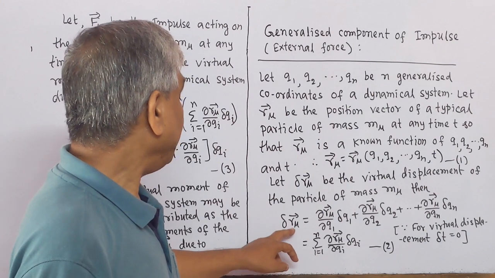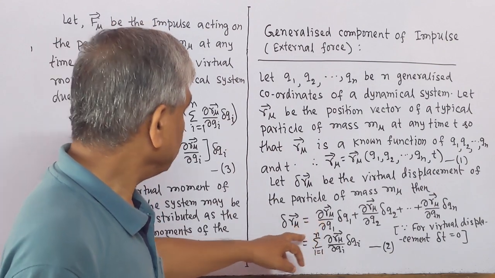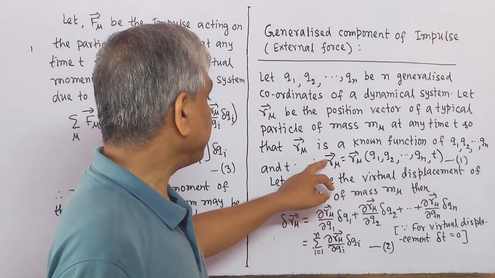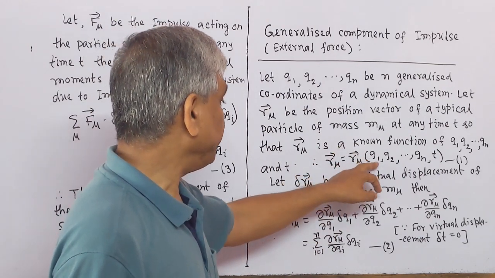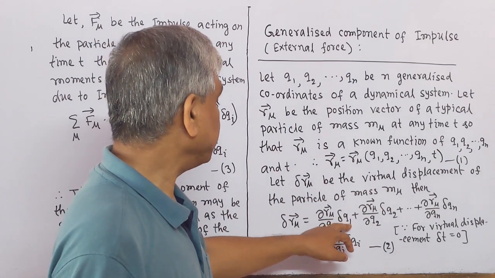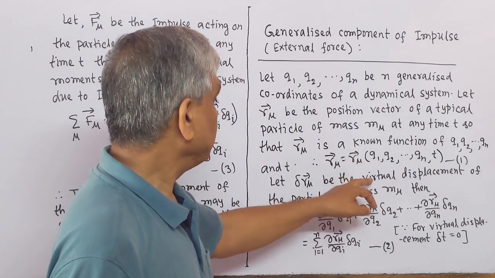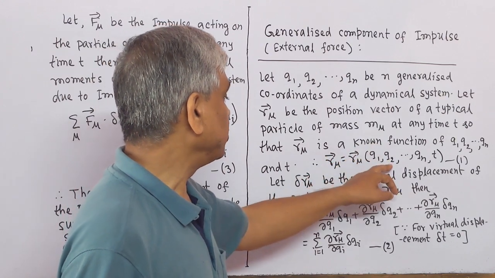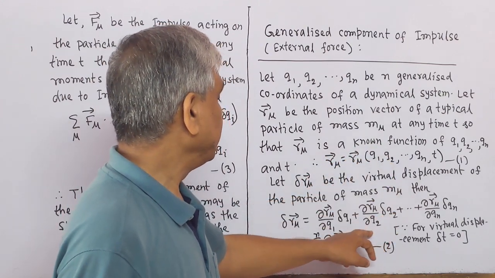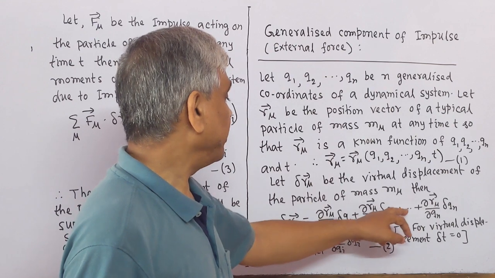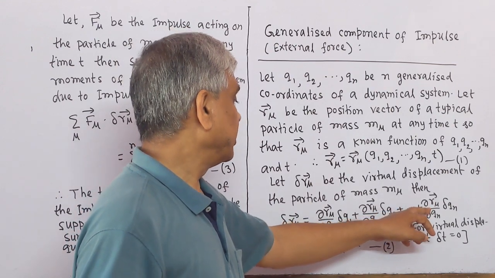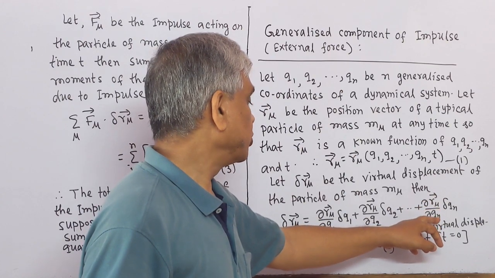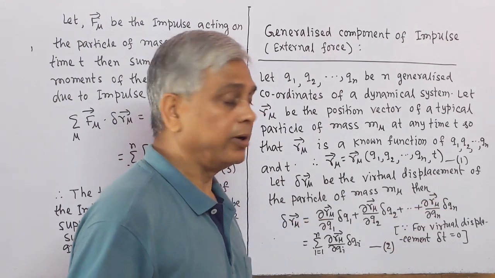Let delta r mu be the virtual displacement of the particle of mass m mu. Then delta r mu equals: firstly we differentiate the r mu vector with respect to q1 partially, then delta q1, then we differentiate r mu with respect to q2 partially, then delta q2, plus dot dot dot, plus we differentiate r mu with respect to qn, delta qn.